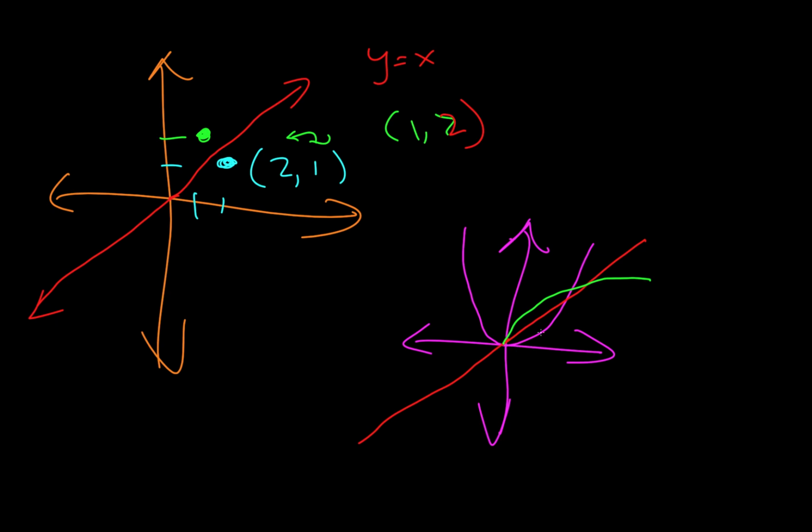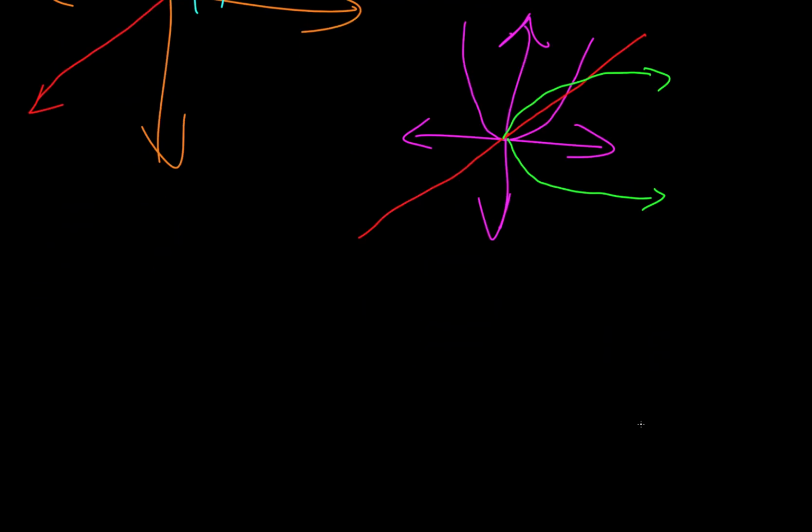See how I mirrored this, mirrored this, mirrored this. Now the green one is not a function because it fails the vertical line test, but later we'll talk about how to deal with that. But for now, just this concept of flipping across that line, y equals x, that's a visual definition of what an inverse function is.